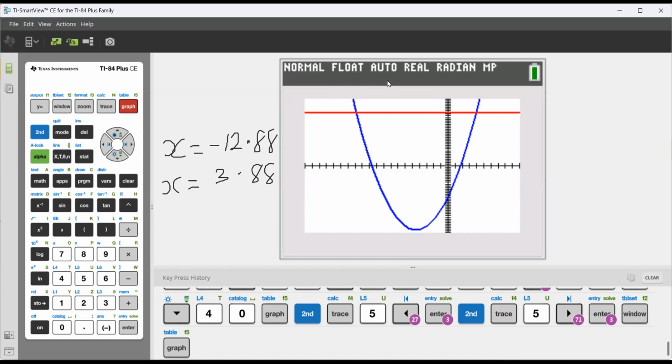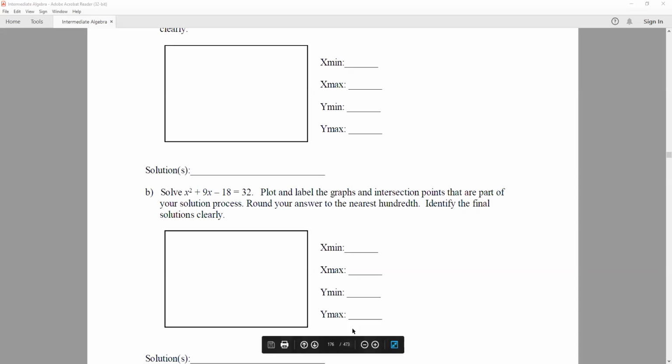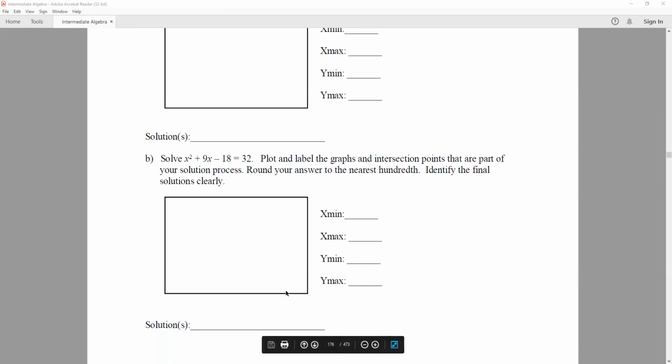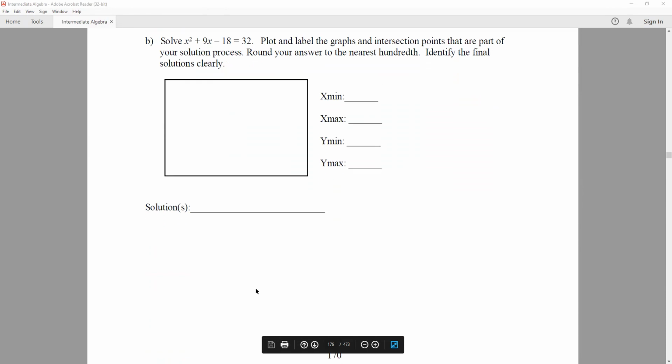So you make sure that you put in your window. X minimum I did, I think, -20, and then X maximum I did +10. Here, Y minimum I did -40, Y maximum I did 40. You put your solutions there, and that's it.